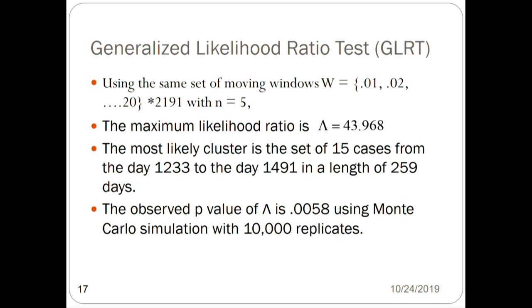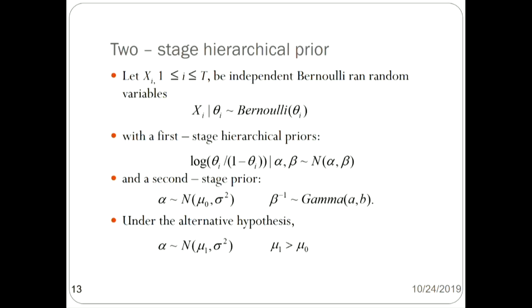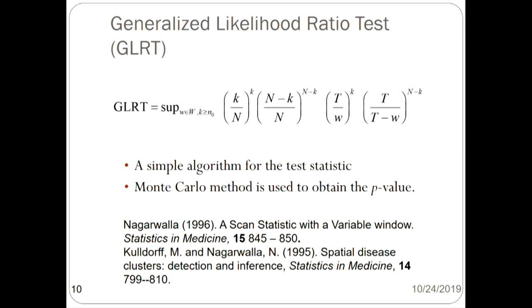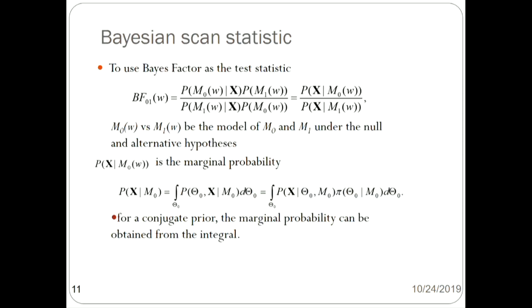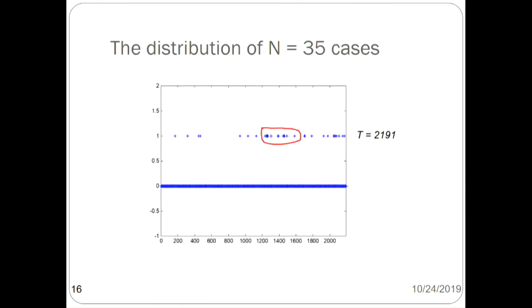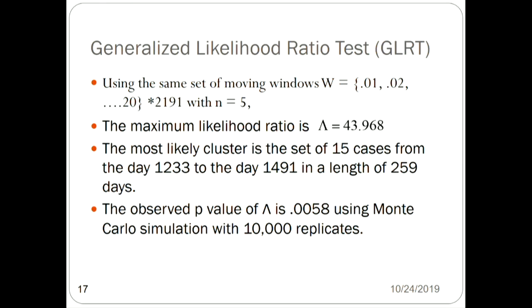Now, first of all, I use the generalized likelihood ratio test, using the previous formula. With the observed data, we found the maximum likelihood ratio test lambda was a very big number, 43.968.